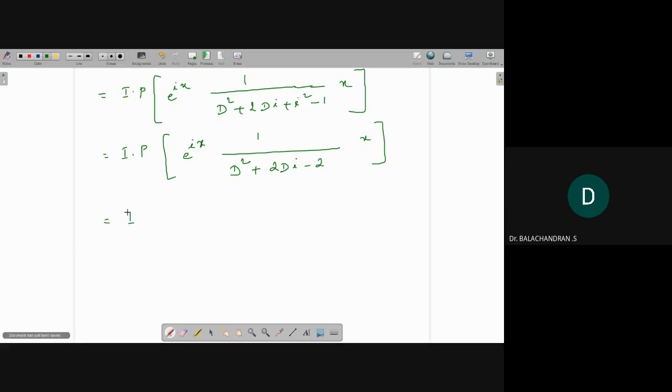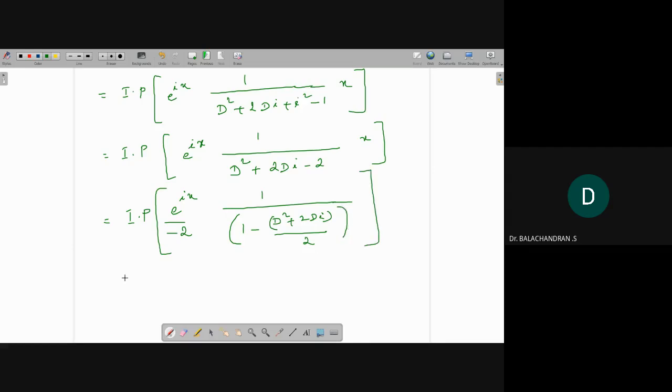So the imaginary part of e power ix, the constant term is minus 2, so I'll take minus 2 commonly, 1 by 1 minus within bracket D square plus 2Di divided by 2, whole bracket.